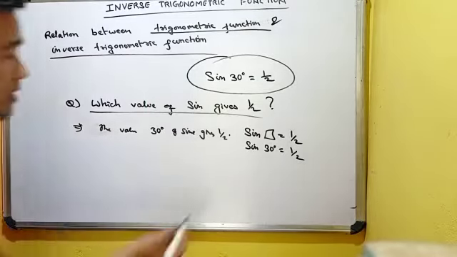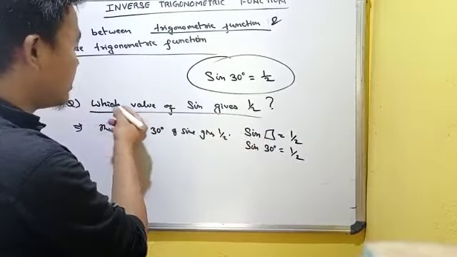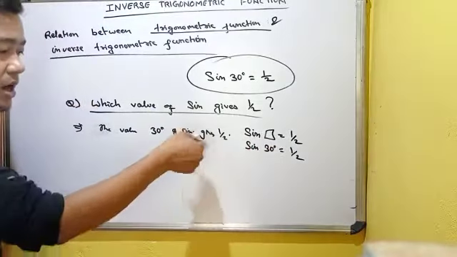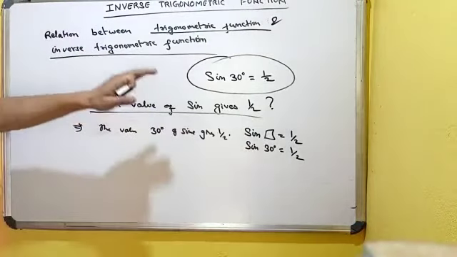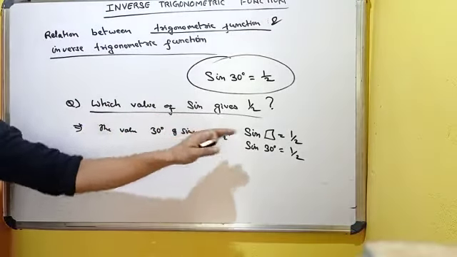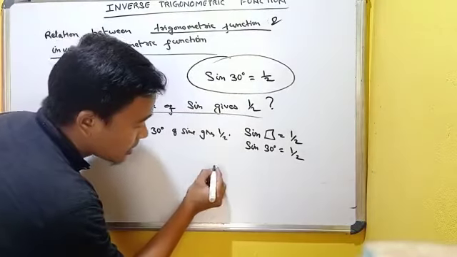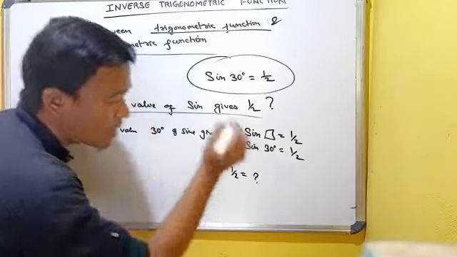So here, which value of sine gives half? Here our answer is sine 30 degree gives half. So this question can also be represented mathematically as sine inverse half is equal to what?